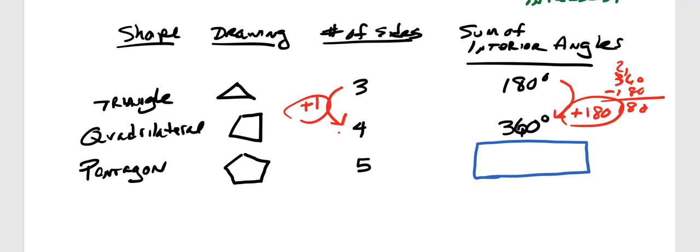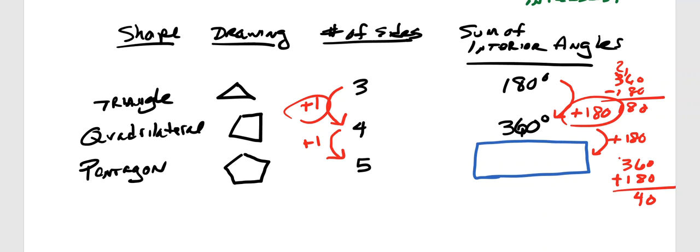So there's not a lot to go off of here, but we're going to make the assumption that if we add a side again, we're going to once again add 180 degrees. So what that means is I'm going to have to do 360 plus 180 and see what that gives us. So let's see, 0 plus 0 is 0, 8 plus 6 is 14.